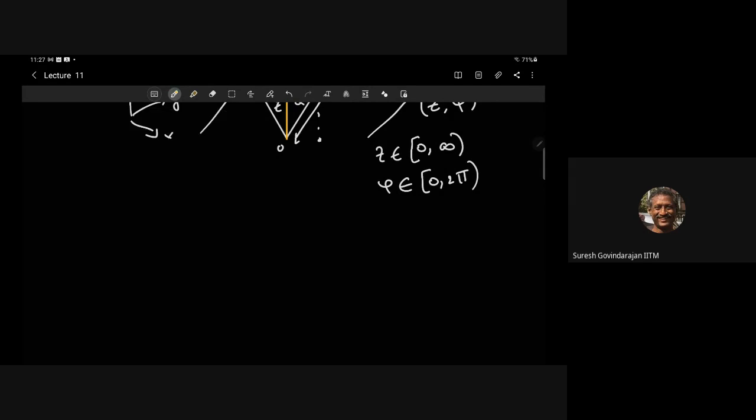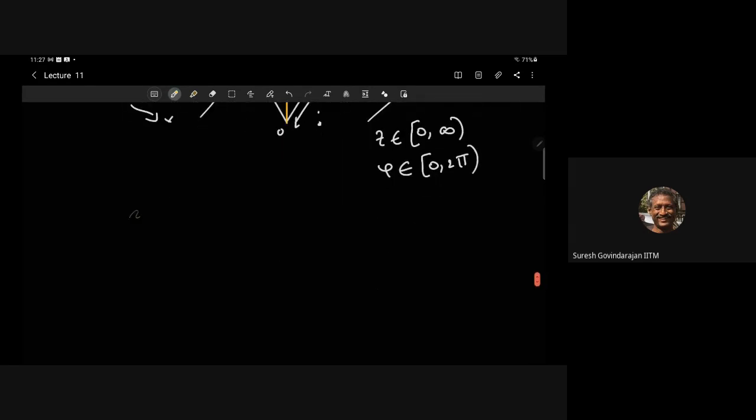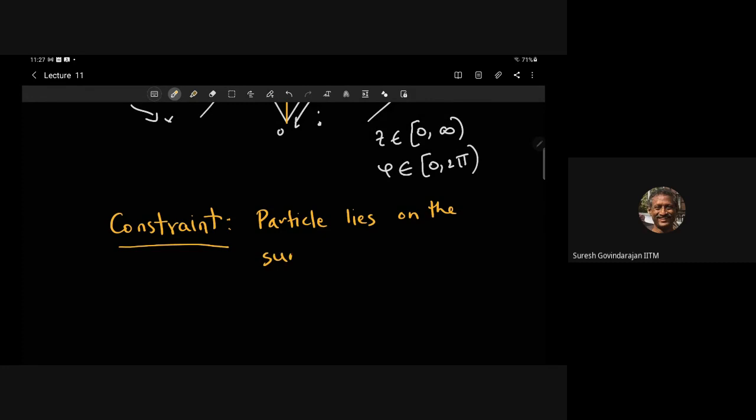Okay, so here is an example of a constraint. What is the constraint? The constraint is that the particle lies on the surface of a cone. So when we are doing this, we are not asking how it is being kept there.